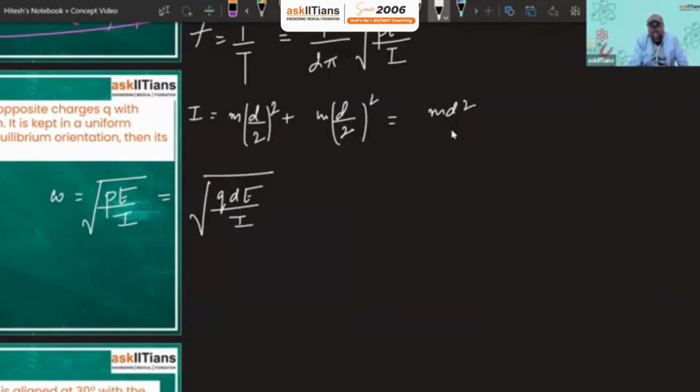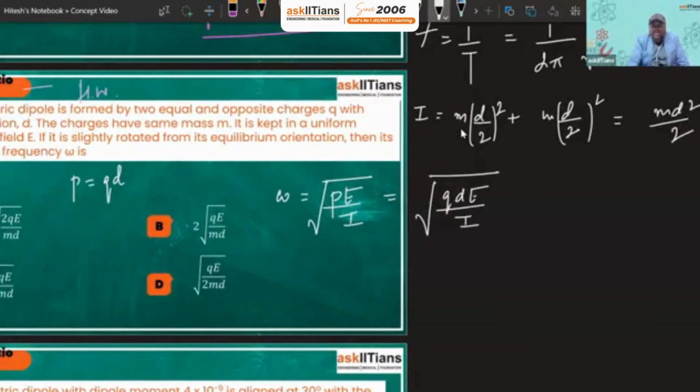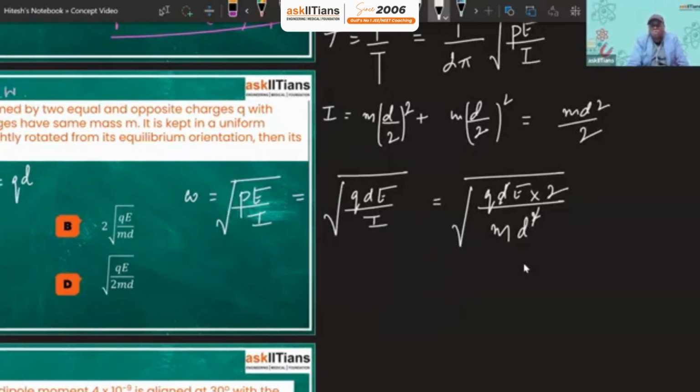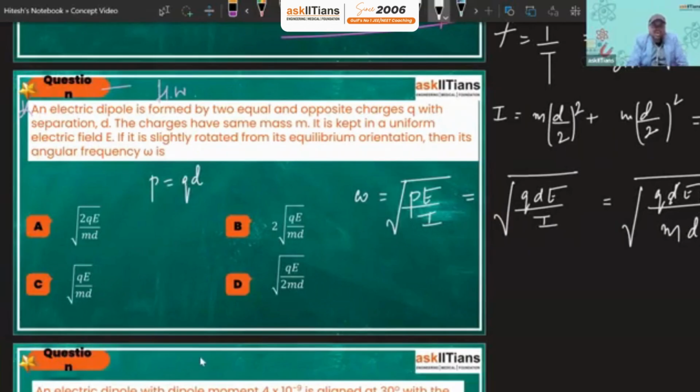So I think that would be MD square by 2. So you'll be writing under root of QDE by I, where I is MD square by 2. So 2 will go up and D will get cancelled. So we have 2 QE by MD. So this would be our answer.